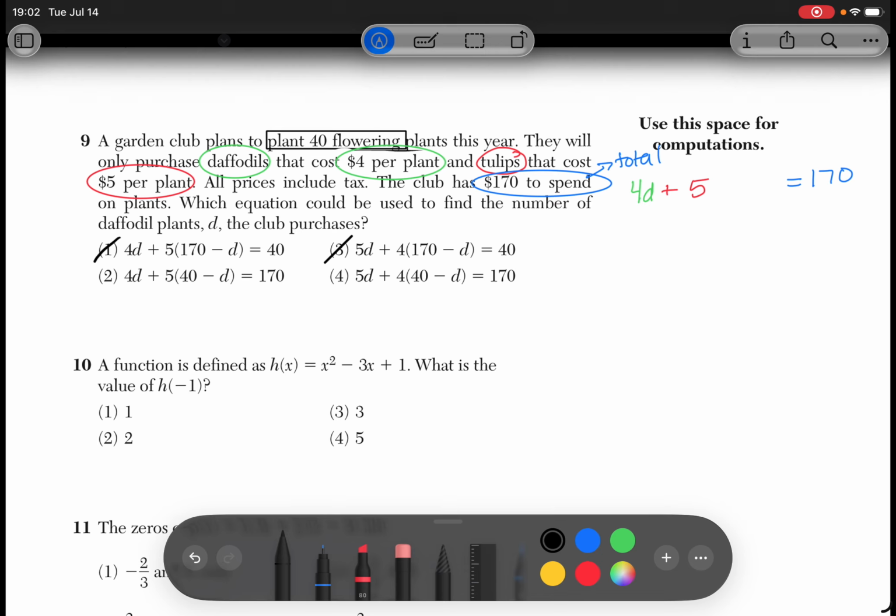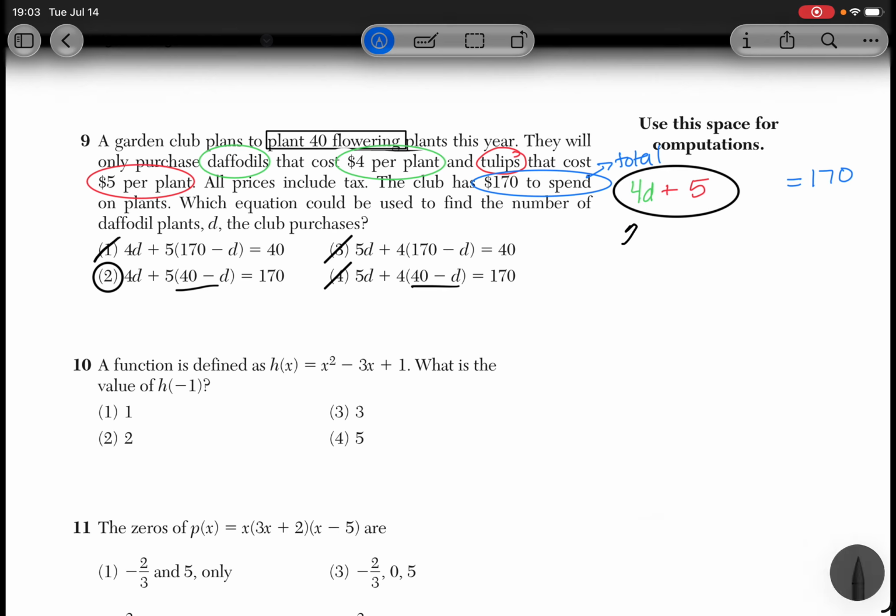So we have 40 plants, but if we take away those daffodils, we know that we're left with the price of the tulips along with whatever else that the daffodils are. But the only one that follows the order of what we stated up here would be answer choice 2. So the correct answer would be 2. So determining that 40 minus D isn't as important as knowing what your total is, and also how to set up this first initial part of your equation.